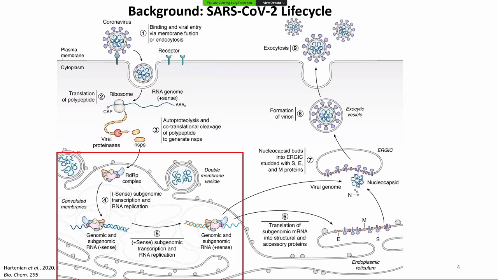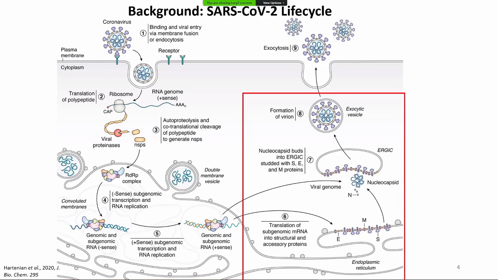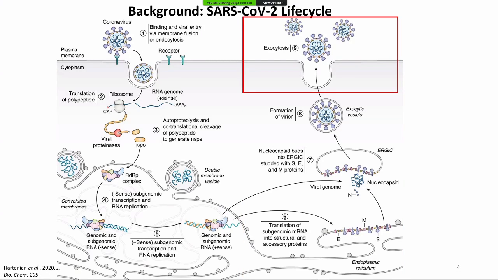And those replication proteins then start pumping out new copies of viral RNA. And some of that viral RNA then goes back and gets translated again into new viral proteins, new spikes. And then some of that RNA goes and serves as genetic information for new viral particles, the little red spaghetti in that cartoon earlier. So then new viral particles are made with the newly formed components. And the last step is what I showed you in that first slide with the green blob picture, where the viruses physically have to leave the cell.